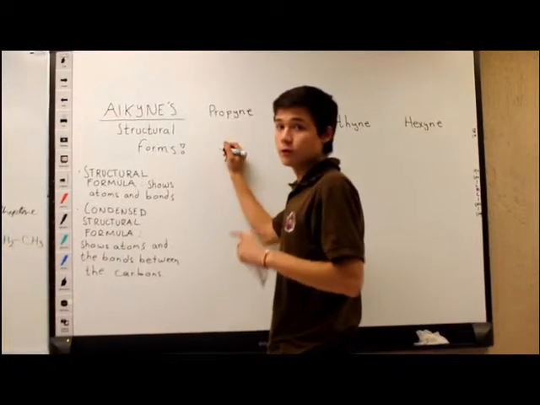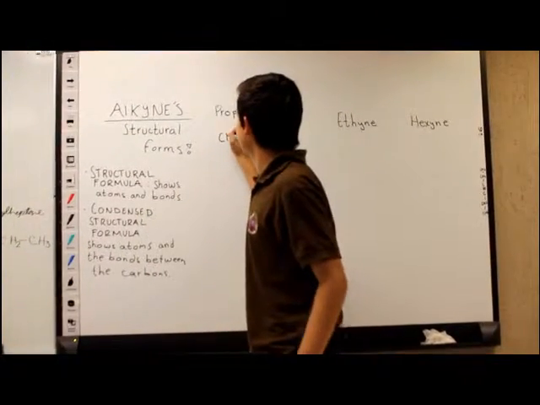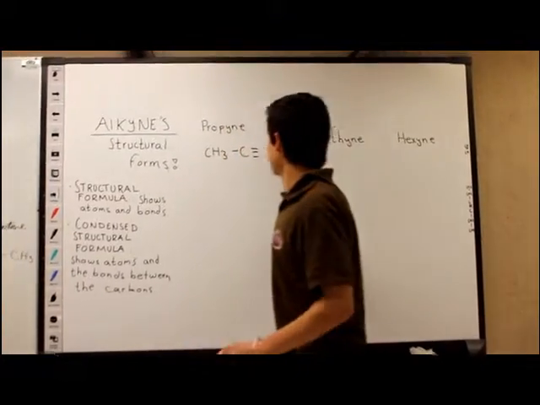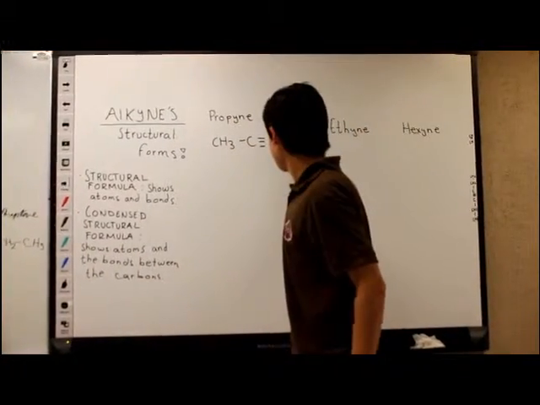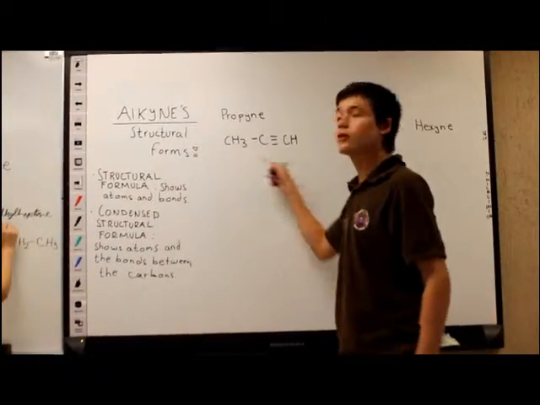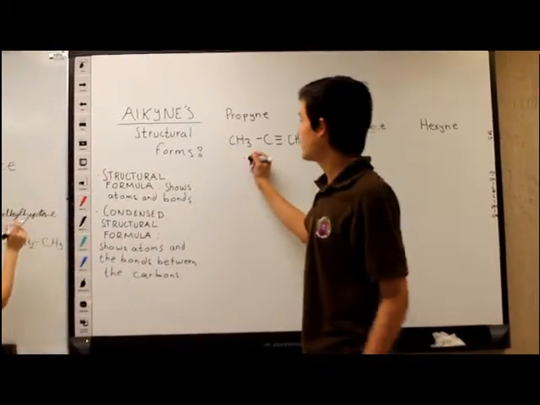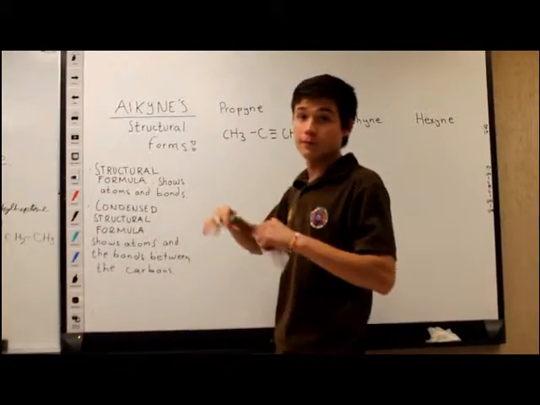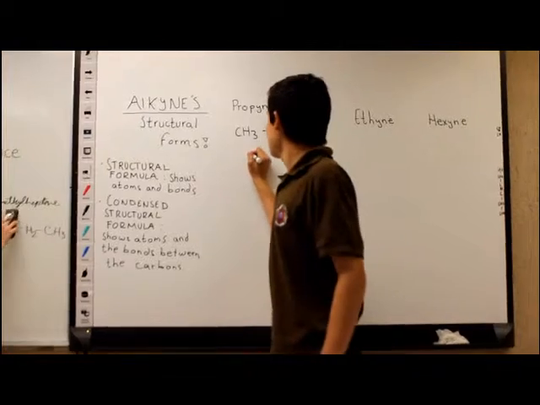The condensed structural formula for propyne is the following. Here you can see the triple bond. Well, this is the condensed structural formula, and here is the structural formula. It's very easy. You just have to expand the condensed structural formula.